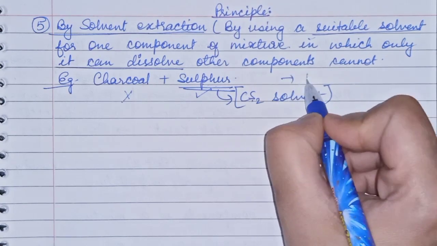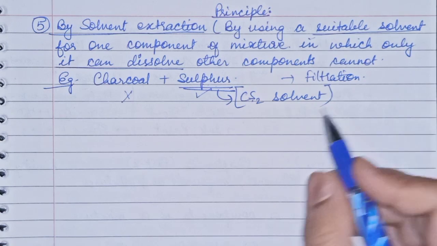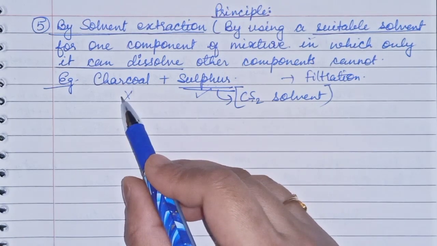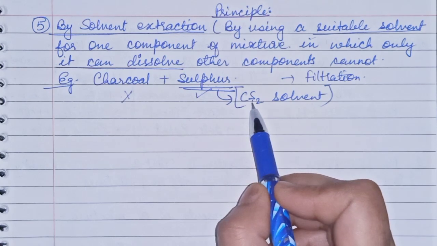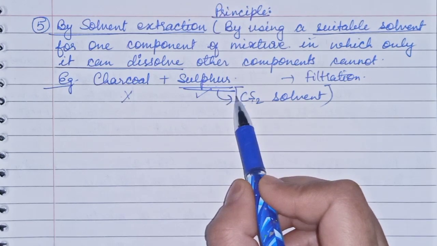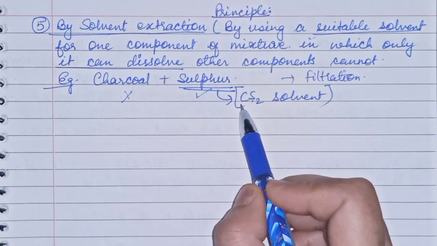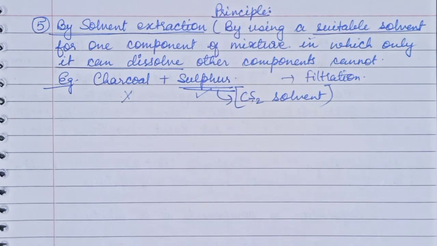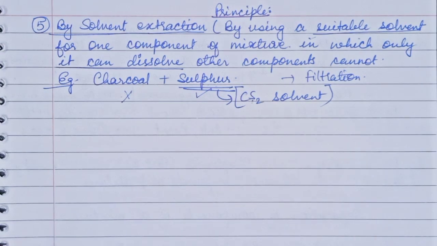We will do filtration, and the residue will be charcoal and the filtrate will be a mixture of sulfur and CS2. Then we will do evaporation so that we can collect the sulfur, and CS2 will get evaporated. So these are the steps we have to follow.